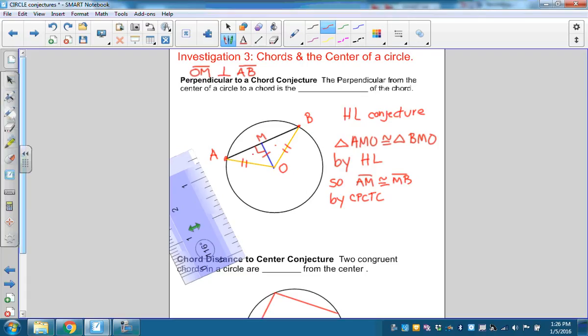So in other words, if you have a perpendicular segment from the center to a chord, not only is it perpendicular to the chord, but it's the perpendicular bisector of the chord by corresponding parts. So that's the missing term here.